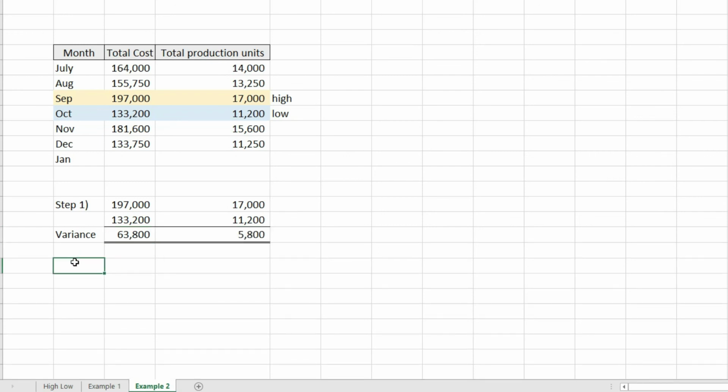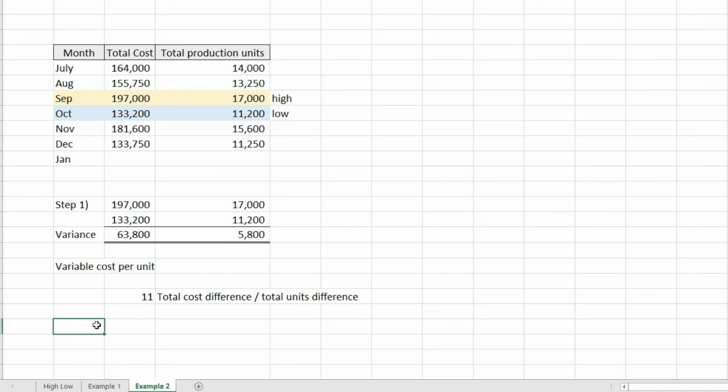So we're going to work out variable cost per unit, which is again just going to be this 63,800 divided by the 5,800, or the total cost difference divided by the total units difference. So that gives us £11 per unit.